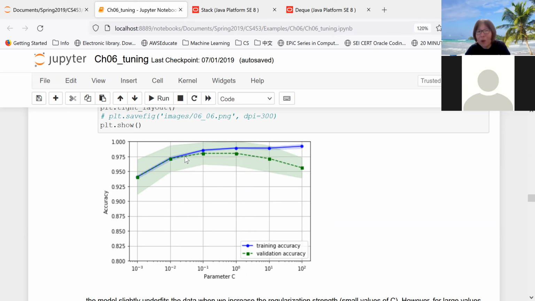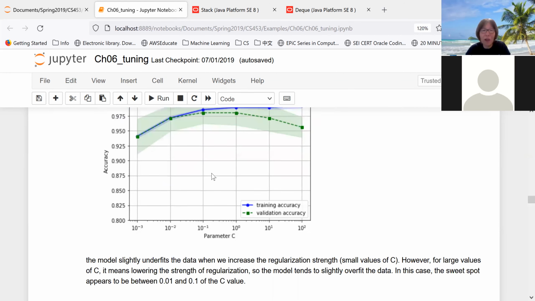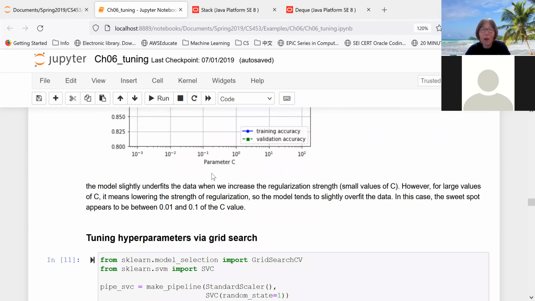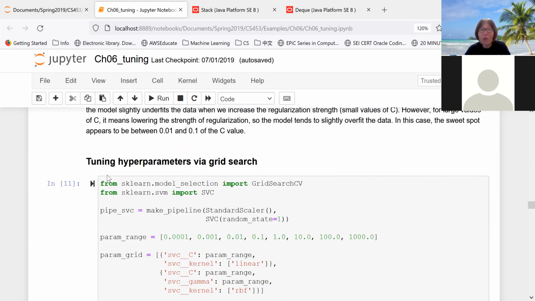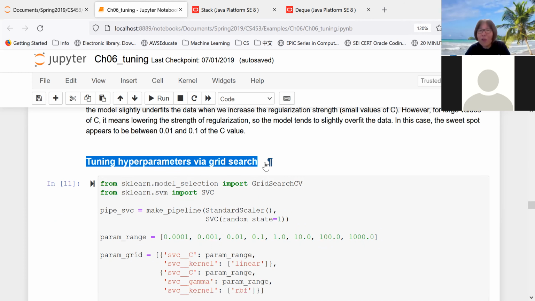The optimal one is within the range of 0.01 to 0.1, because it also approaches the desired accuracy. So for tuning parameters, we can also use grid search.